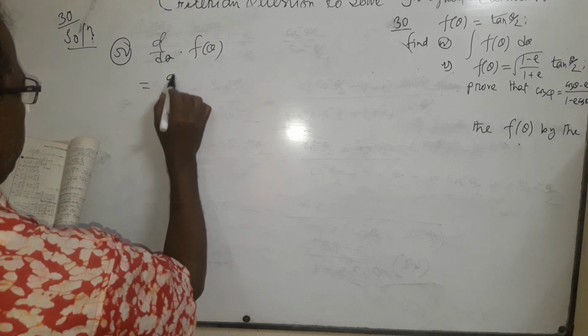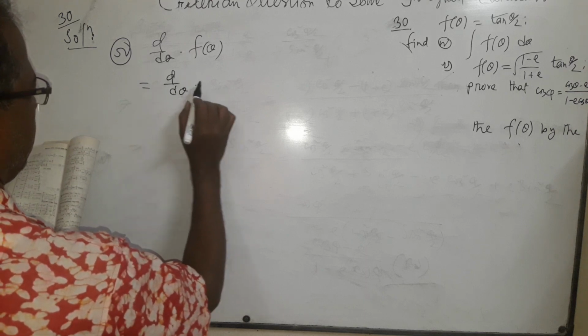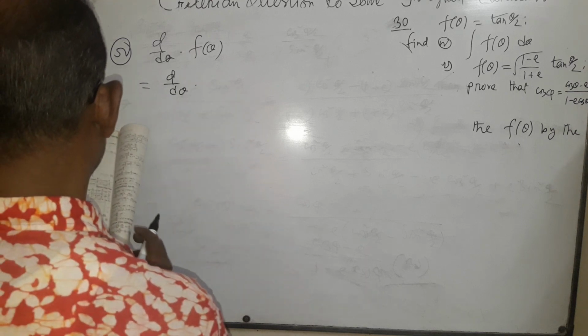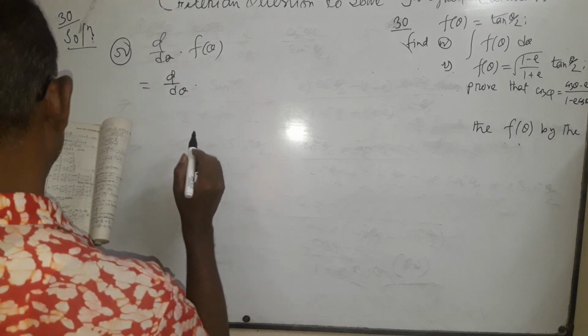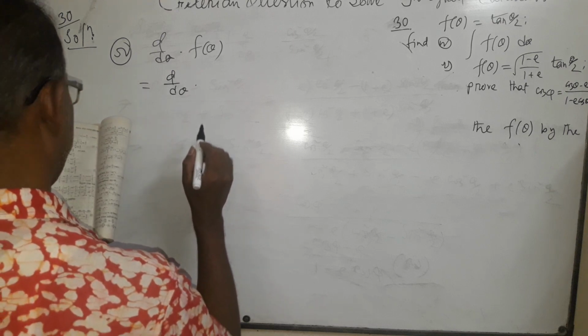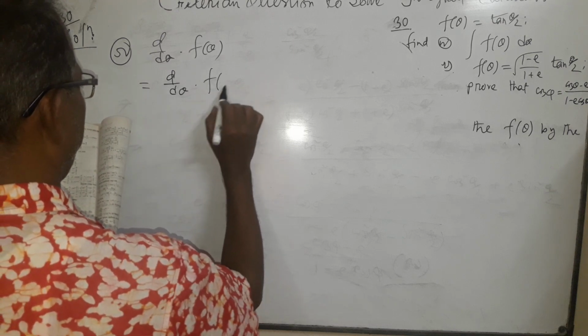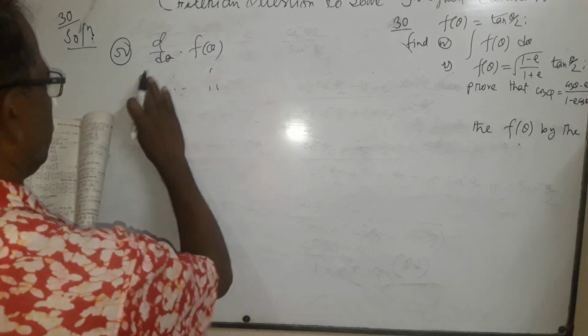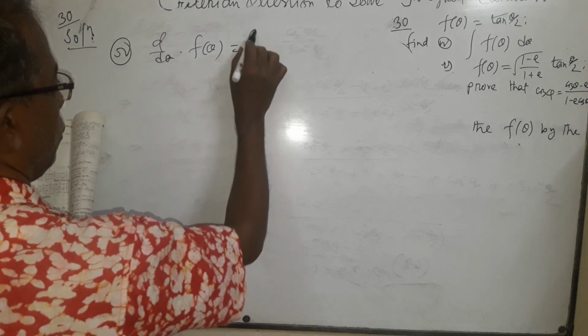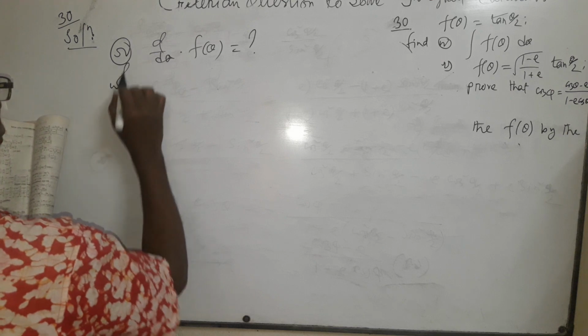That means d by d theta f of theta equals f of... this is the what?